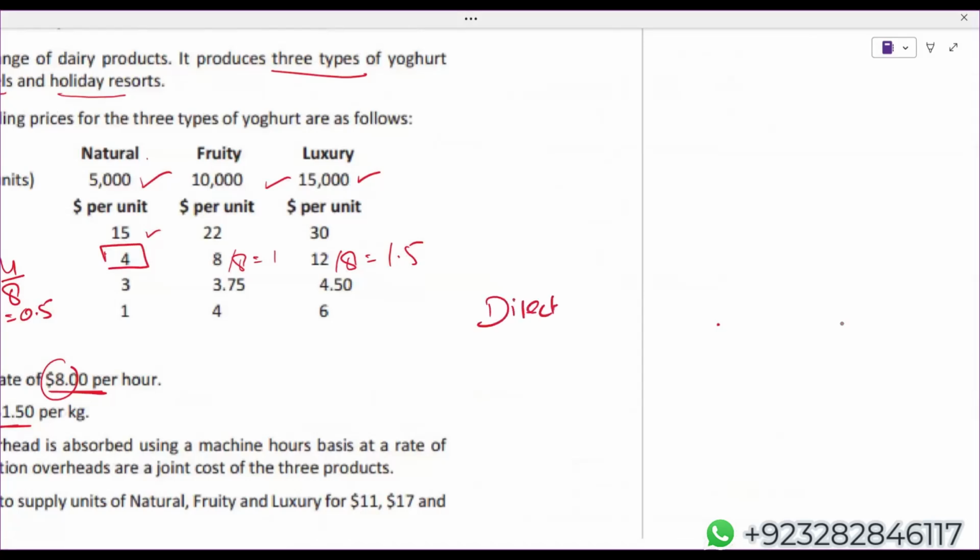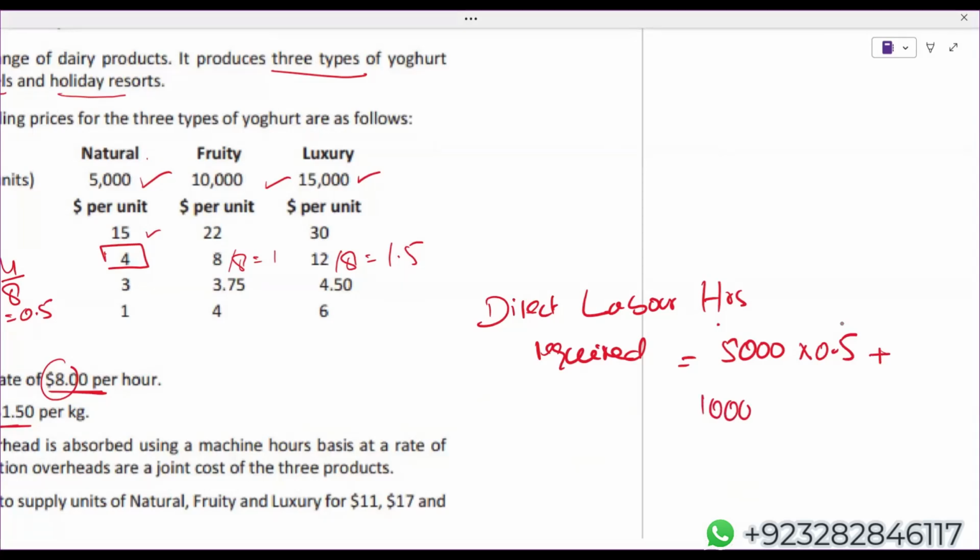Direct labor hours required equals natural 5,000 into 0.5, because 1 unit of natural takes 0.5 hours, plus fruity 10,000 into 1 hour, plus luxury, where the maximum demand is 15,000 and 1 unit needs 1.5 hours.